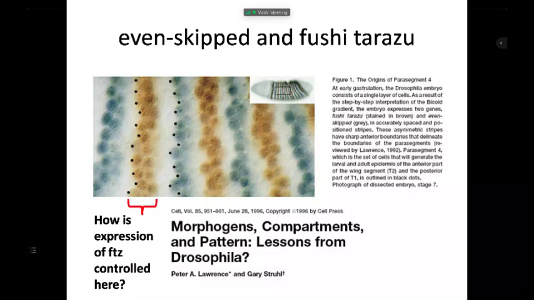So how, for instance, is fushi tarazu expression controlled specifically in this segment, in this region?